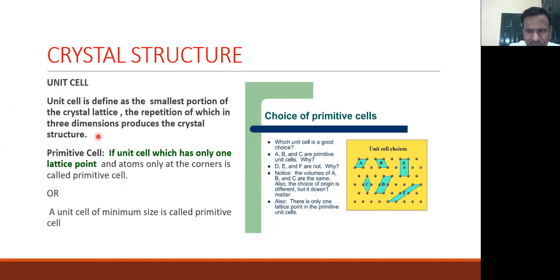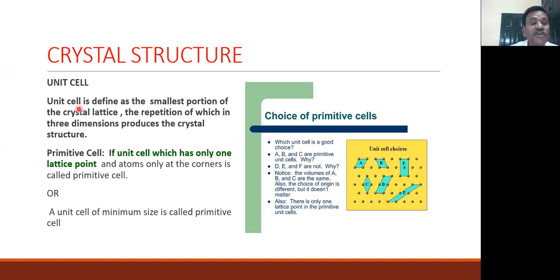You are placing the bricks on the right side, left side, up, down, in all directions, repeating the same bricks, and you are constructing the entire wall. Here, the basic component in the wall is the brick. That is the smallest unit. One brick is the smallest unit.